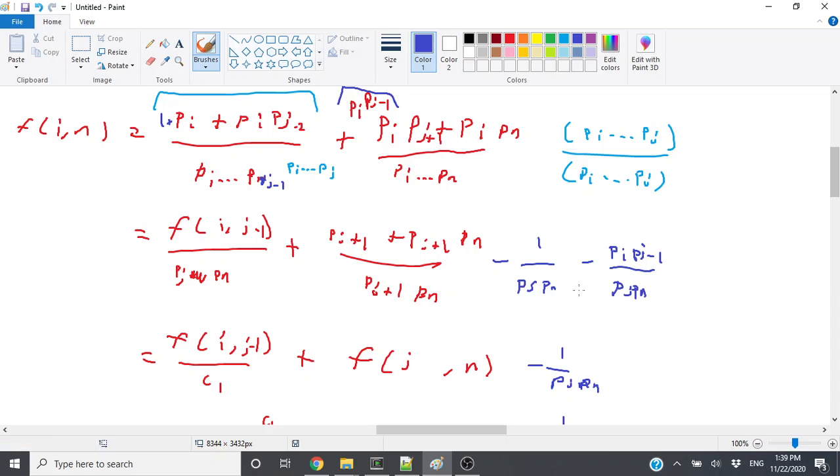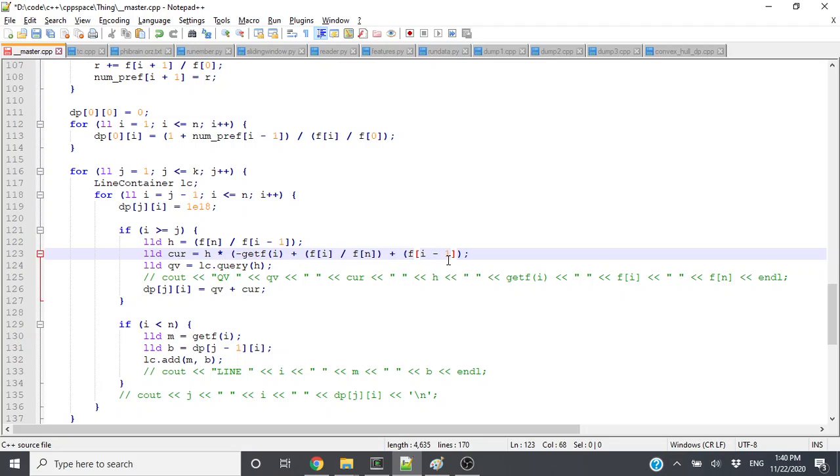Actually, it would be PIPN. Wait, so this should actually be 2 times this. Shouldn't it? It actually makes sense that this would be 2 times this.